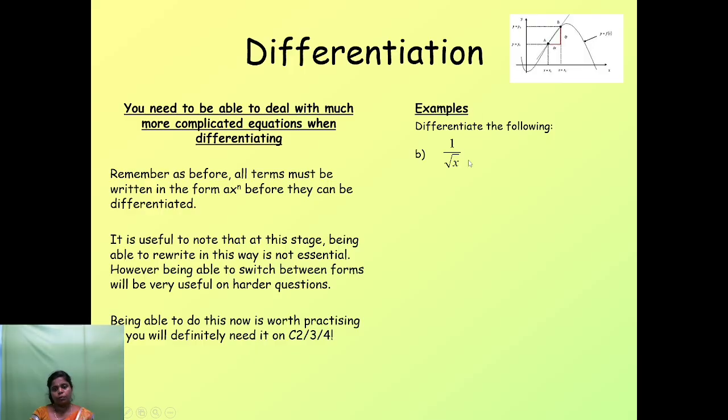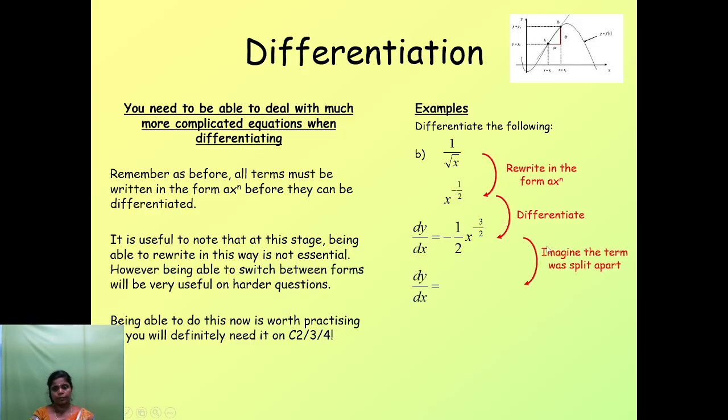Next we differentiate 1 divided by square root of x. Square root of x can be written as x power 1 by 2, so 1 by square root of x is x power minus 1 by 2. Then minus 1 by 2 into x power minus 1 by 2 minus 1. So minus 1 by 2 minus 1, you get minus 3 by 2. So we get minus 1 by 2 into x power minus 3 by 2.